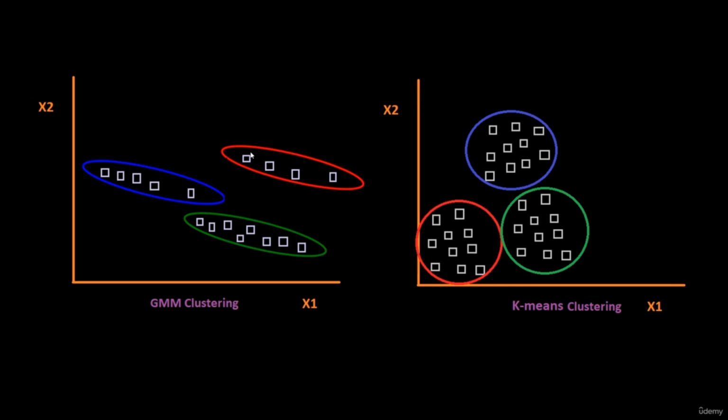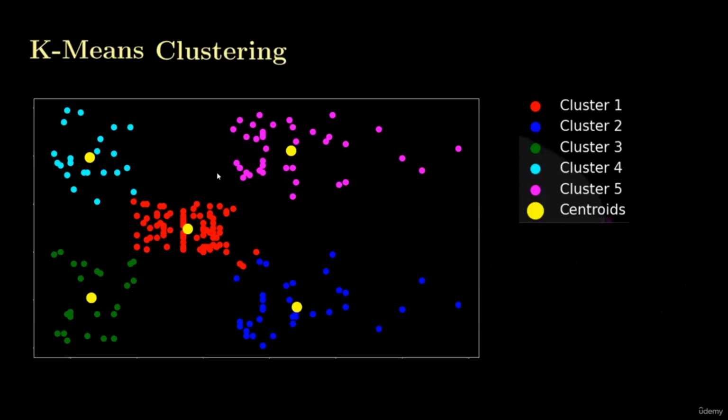Let's see another example. Here is an example of k-means clustering having 5 clusters. We can see that these clusters look independent, but they are not very well separated. If you see this light blue point and this red point, they are very close to each other.